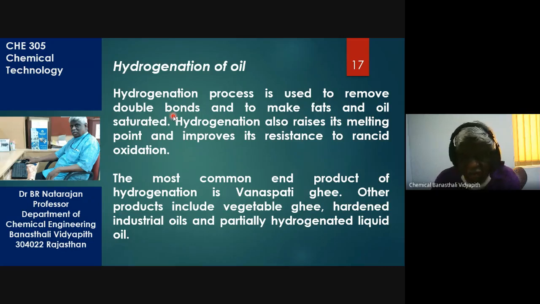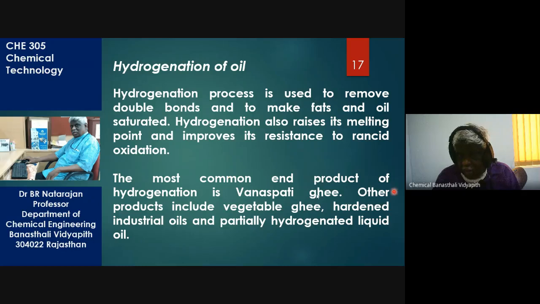Unsaturated means they have double bond, right? So the double bond carbon has to be removed, means you have to hydrogenate them. And to make fats and oils saturated, hydrogenation also raises the melting point and improves the resistance to rancid oxidation. So hydrogenation of the oil is a very desirable step.